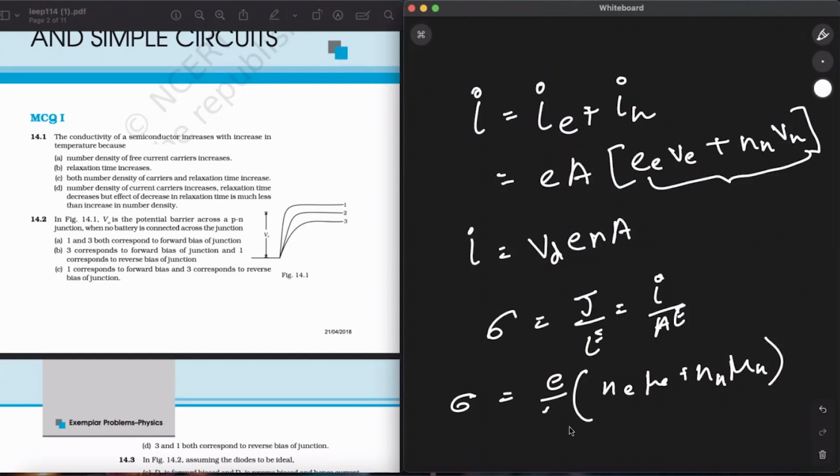So mu equals v upon E, that is the mobility of the electron.